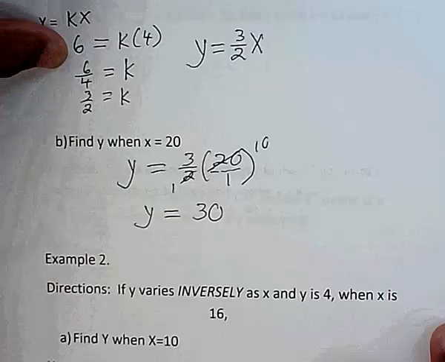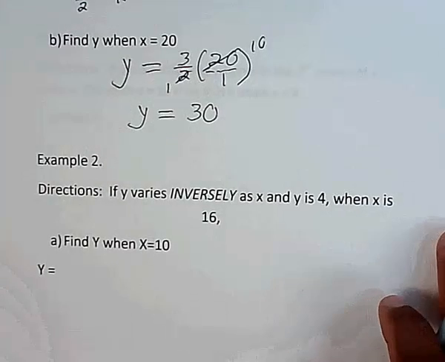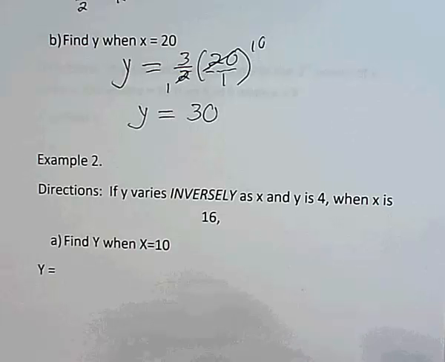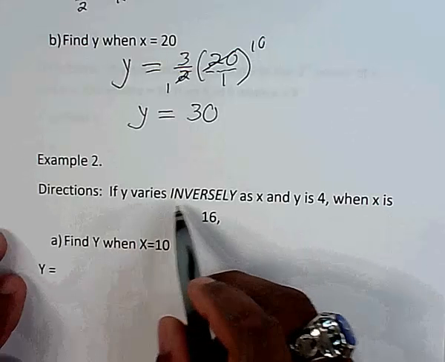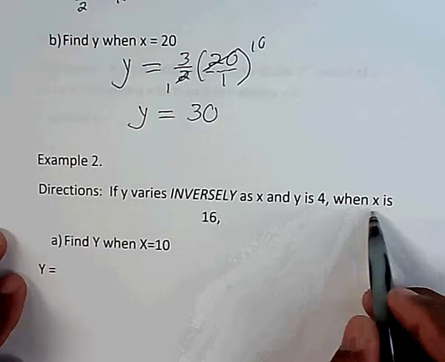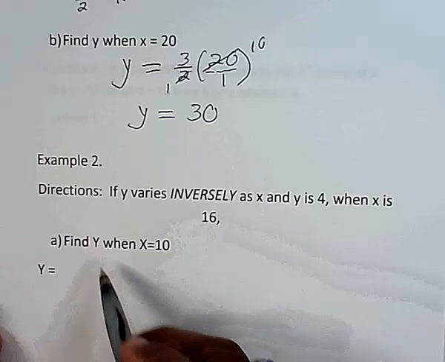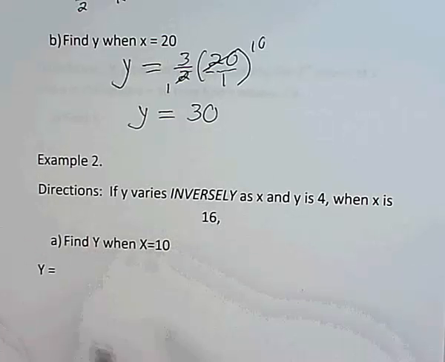Moving on to example number 2, where we're going to deal with inverse variation. If y varies inversely as x, and y is 4, and x is 16, we want to find y when x equals 10 is our task. But before we can figure out what the y value is, we're going to need to figure out the value of k first.